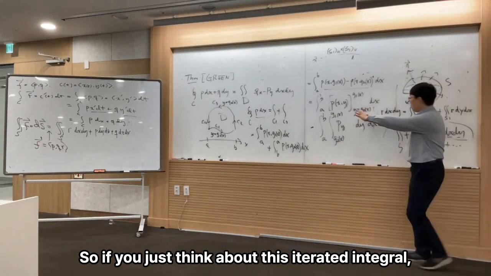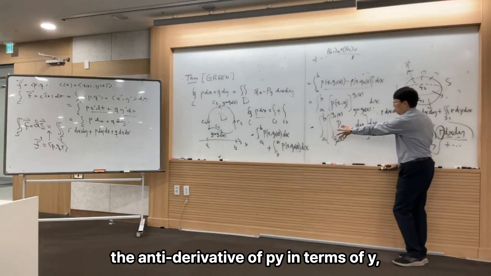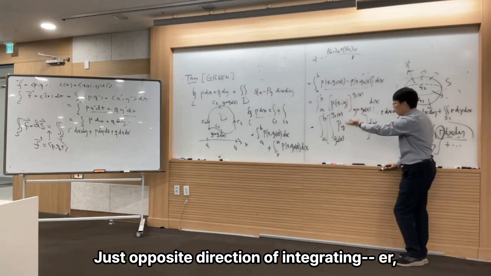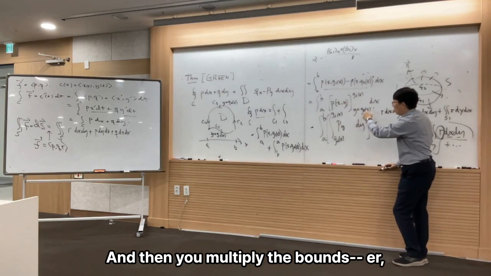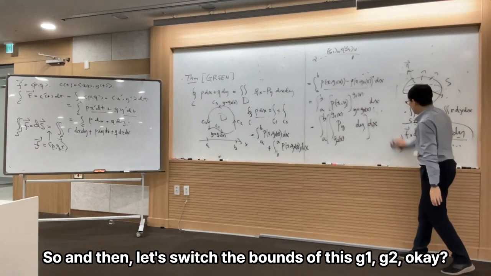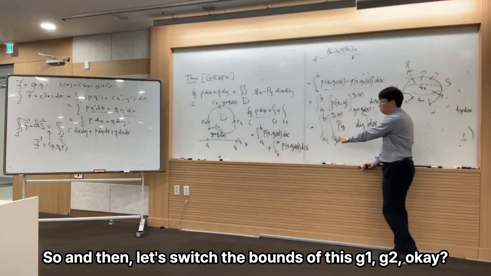If you think about this iterated integral, the inner part is you take the antiderivative of Py in terms of y, which gets P, just the opposite direction of integrating a derivative. And then you plug in the bounds here. Now let's switch the bounds of g1, g2.